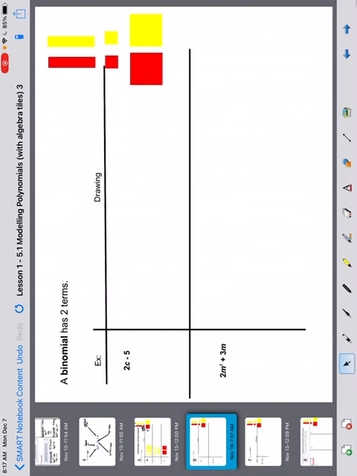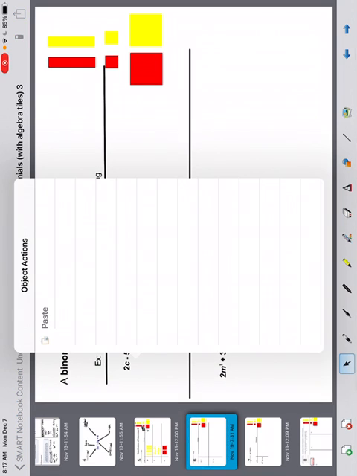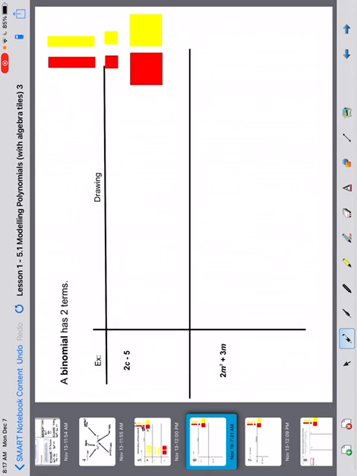For binomials, here we're going to have two different terms. We're going to start with the first one, 2c. Like we've seen, red is for negative, yellow is for positive. These represent x's, these represent our constant terms, and these represent our x²'s. So 2c's are positive, so they're yellow.